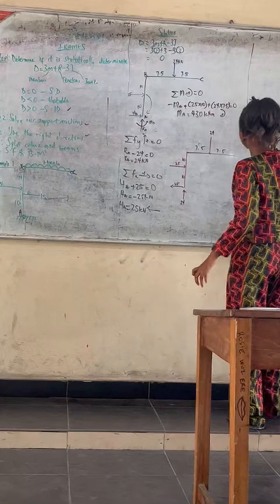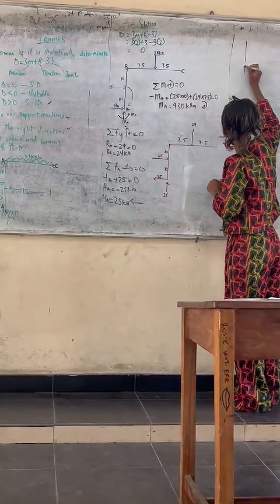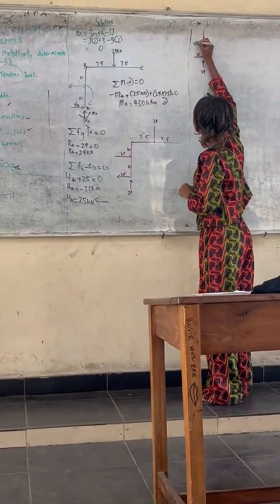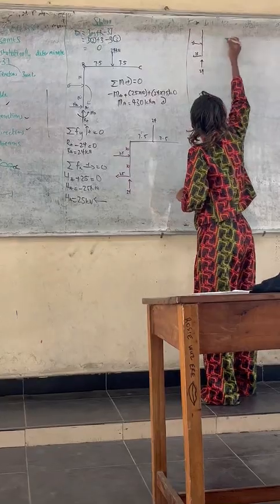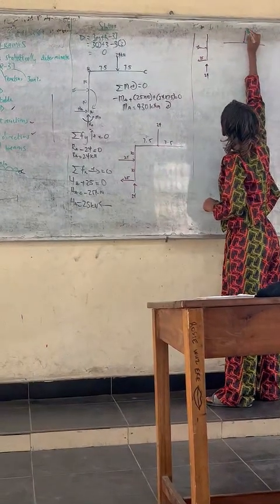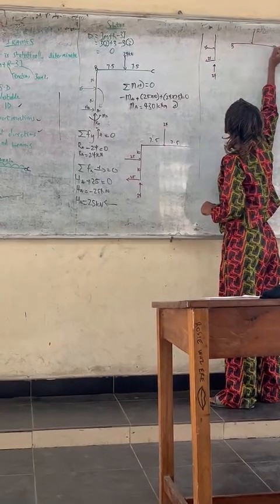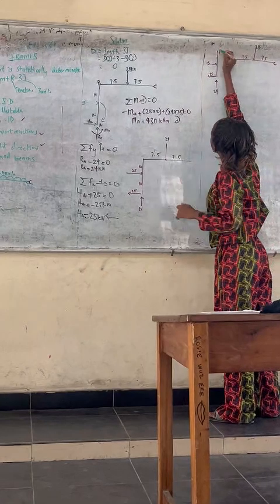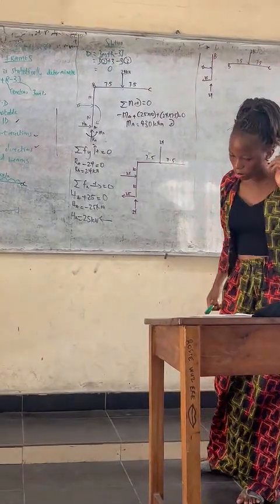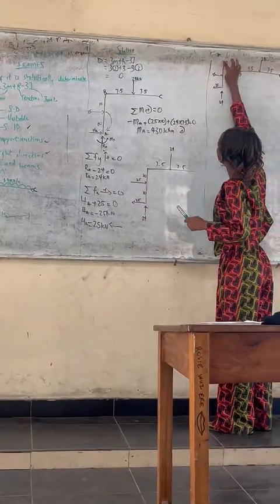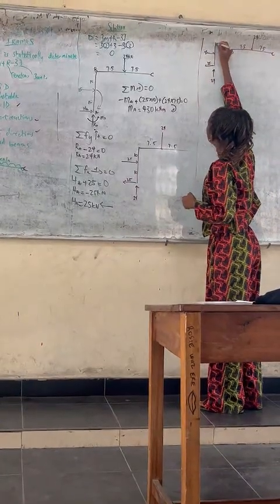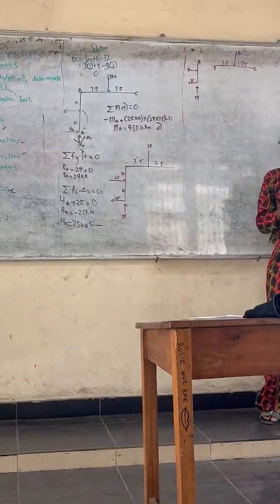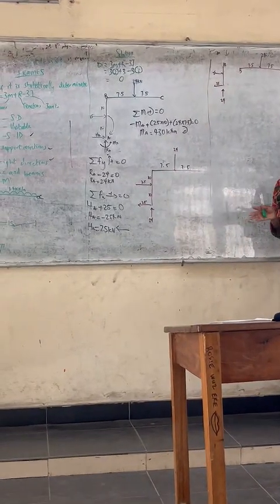Now splitting columns and beams, we are splitting this. We have this. Now, at this joint here, since we have split it, we are going to consider each of it as one single situation.